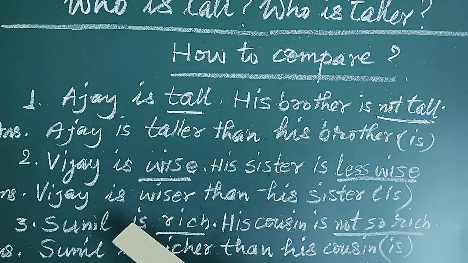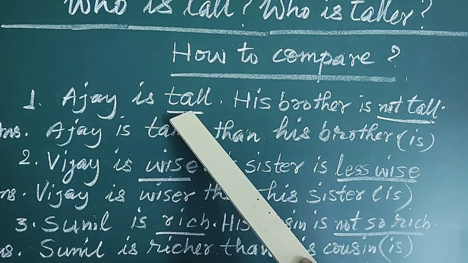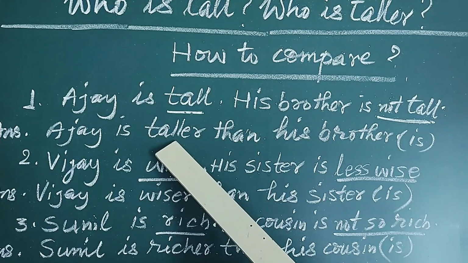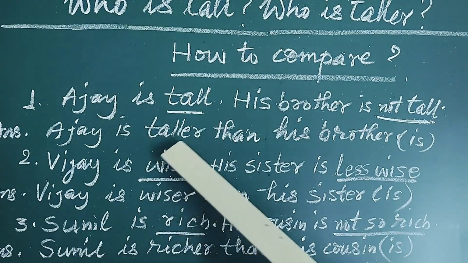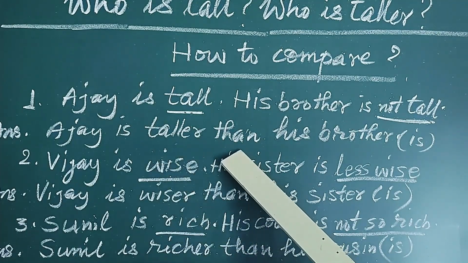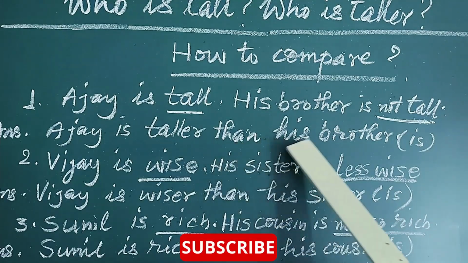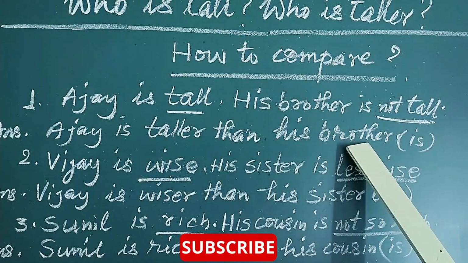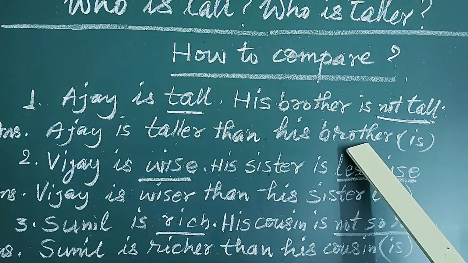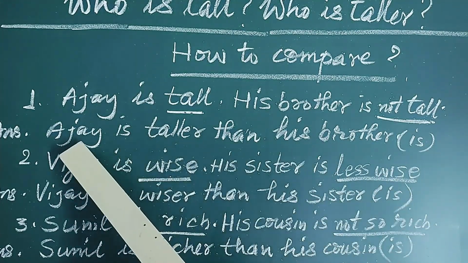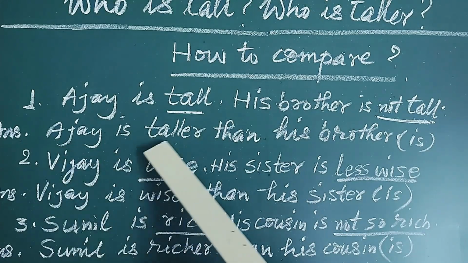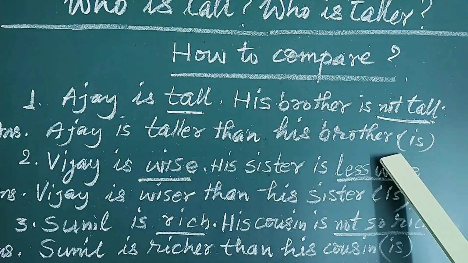What we have done is take the adjective in the positive form and change it into the comparative form, then add the identification mark of the comparative form, that is than, and put the lesser qualified person after that. So we say Ajay is taller than his brother.